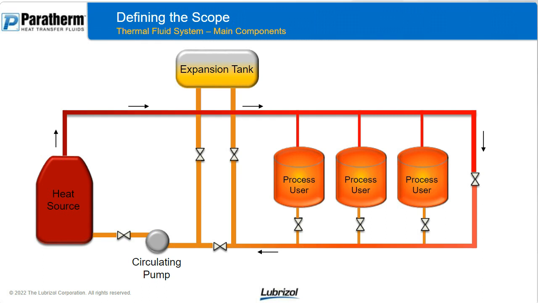It maintains a closed loop in the system, but the expansion tank is open to the atmosphere to allow pressure relief as the fluid volume increases with heat. Okay, so those are the main components that we're going to be focusing on and looking at today, in trying to make sure that we can become more ideal thermal fluid users.